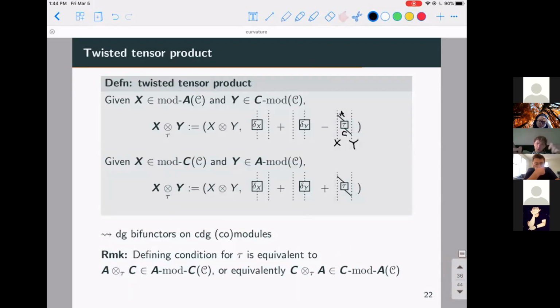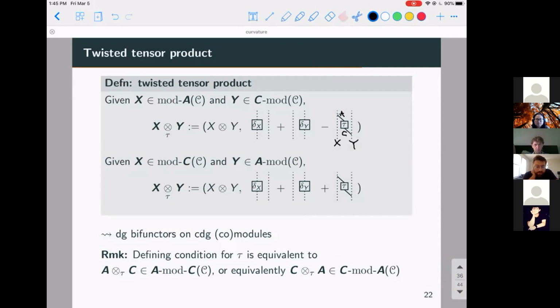Sorry, so these extra left and right actions, should they interact nicely with tau, or is there no relation with tau? So if X is, well, a left module for some other algebra, whatever. Right, yeah. So I guess I'm saying X should live in a bimodule category for C or something, really.